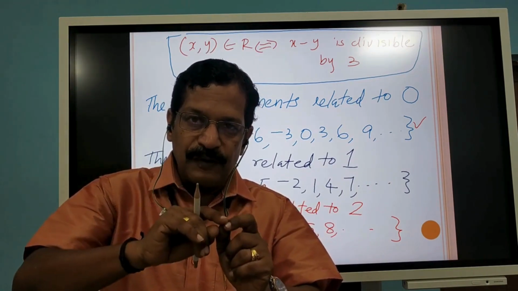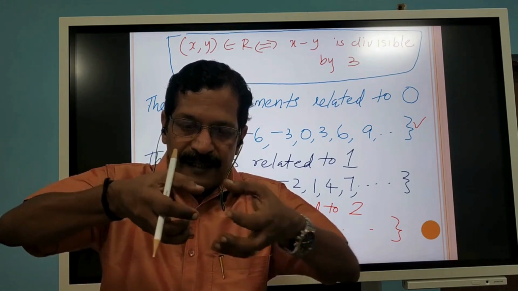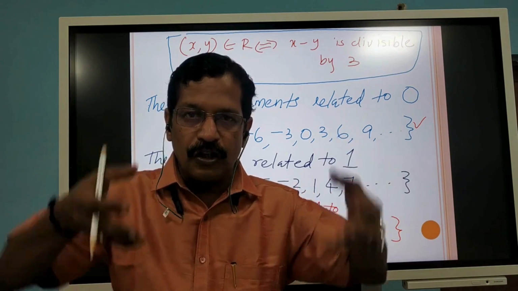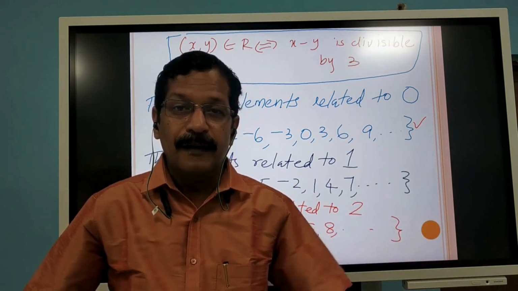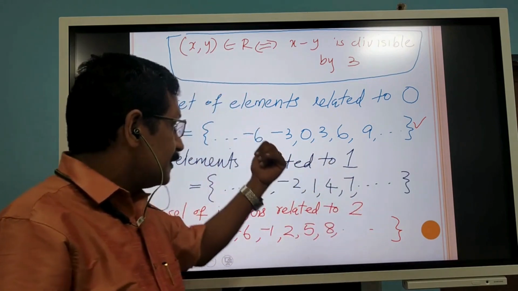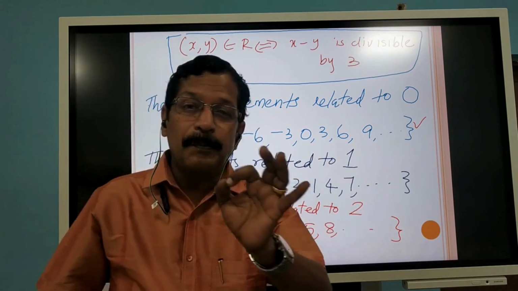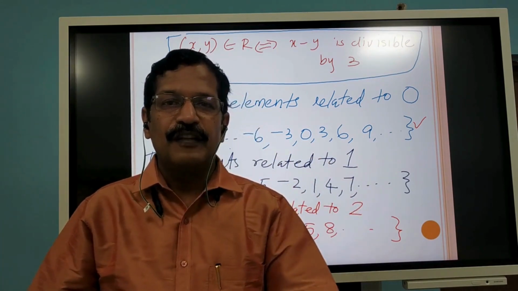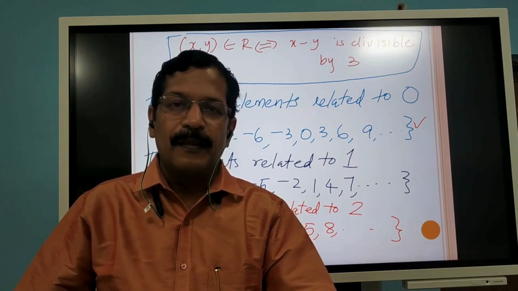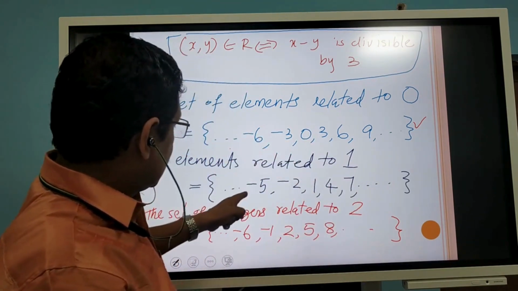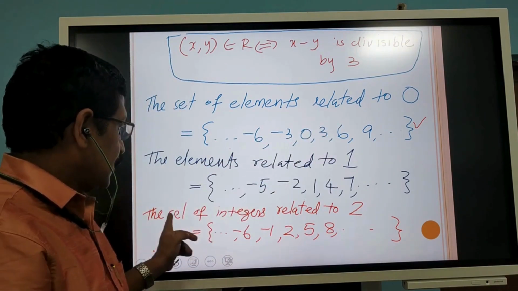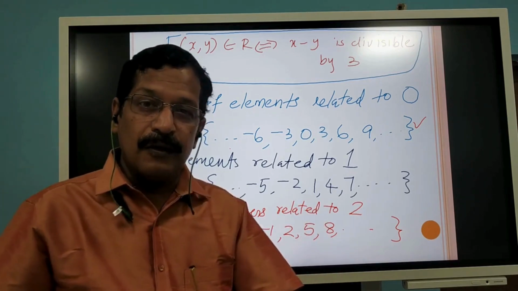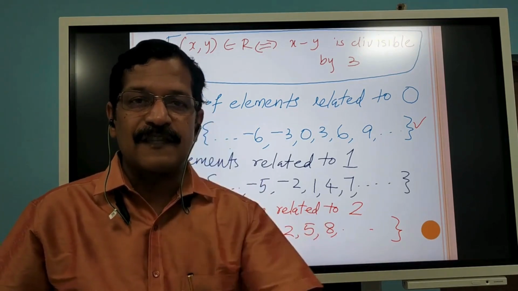With the help of that R, I have divided the total integers into three disjoint sets. This process is known as the partition of the set. Each set, the set of all related to 0, the set of all related to 1, the set of all related to 2, are called equivalence classes.